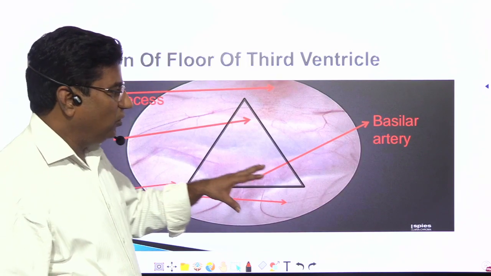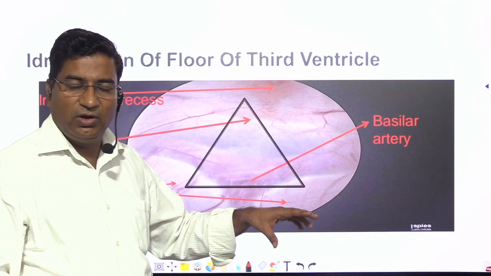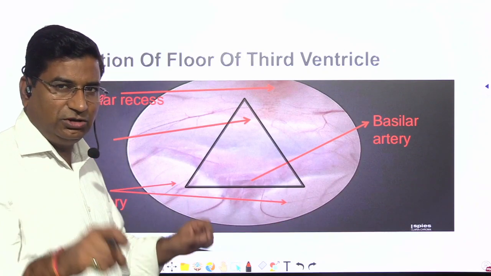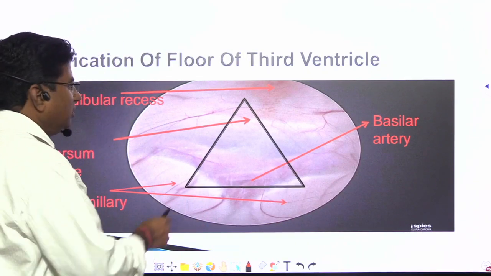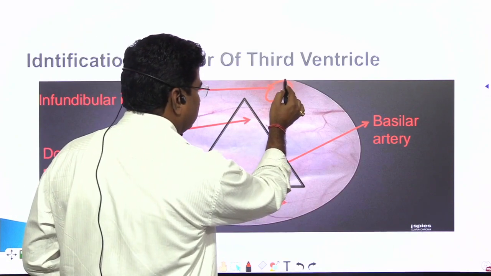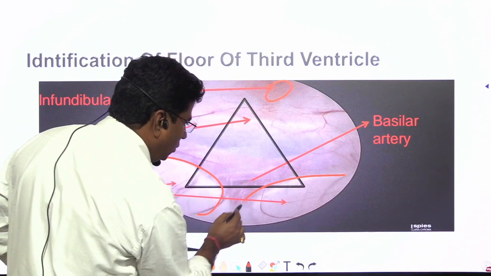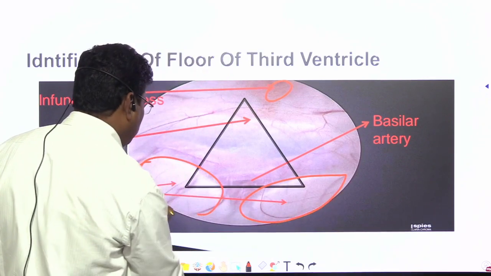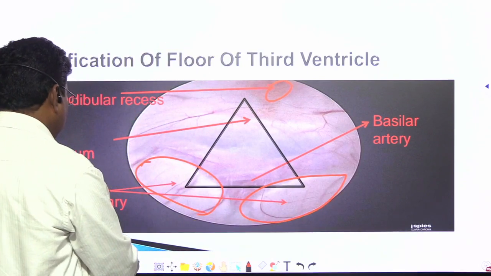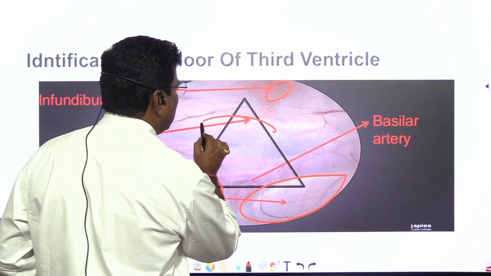Then you identify the structure in floor of third ventricle, which is mostly, this is infundibular recess anteriorly. Two mammillary bodies are posteriorly, mammillary bodies. This is dorsum of sella.